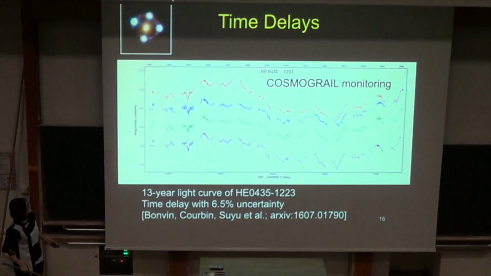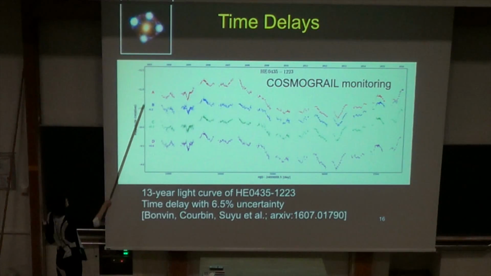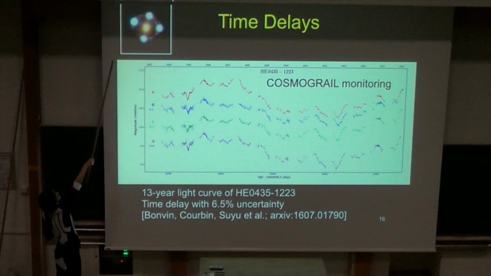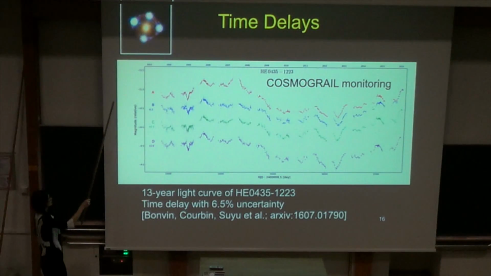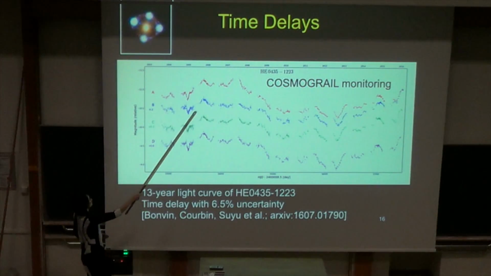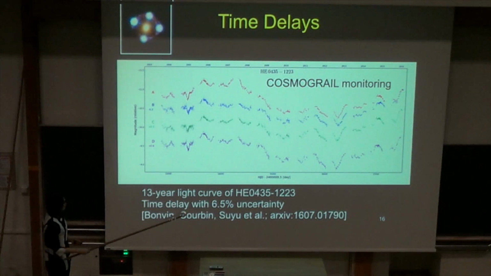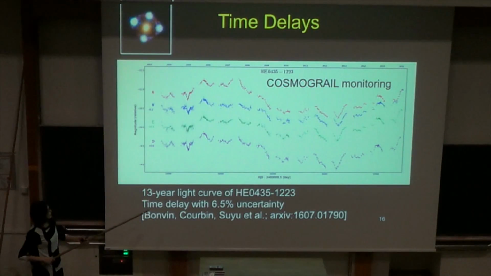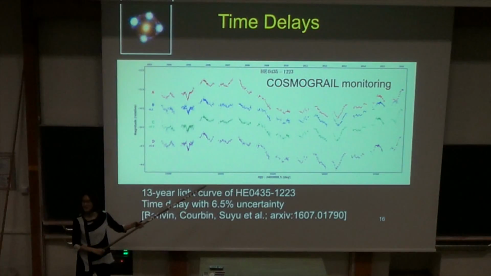Shown here is the beautiful light curve that COSMOGRAIL has obtained since 2004. This is for the system above. A, B, C, D are the 4 images of the quasar. You can see the pattern, the variability of each of the images over time in the past 13 years. With this kind of exquisite data, we can almost measure the time delays by eye.